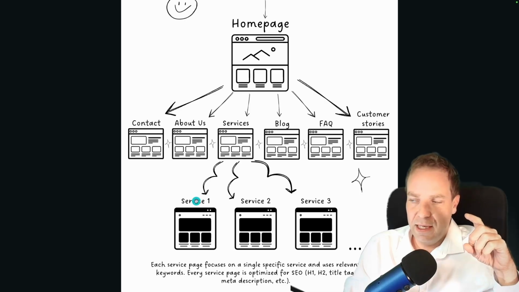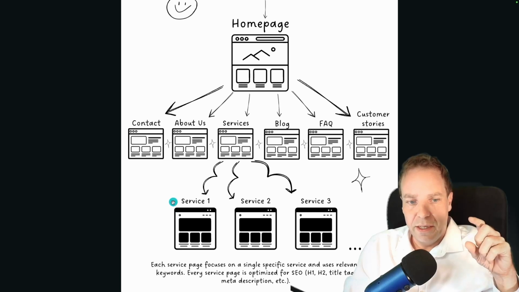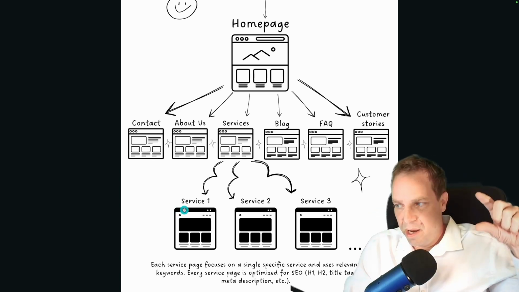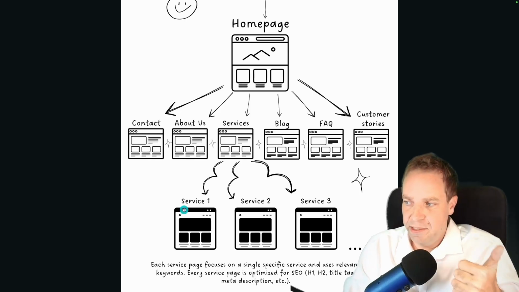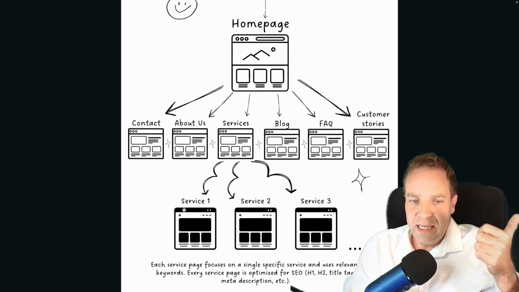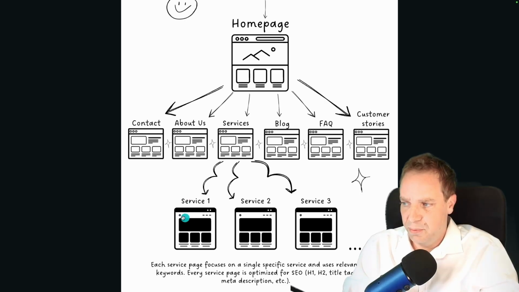So that we only here talk about tire repair, and we name this page tire repair. We include in this page the relevant keywords about the topic tire repair, so that we have only the specific topic of the service. This makes sense because then Google exactly knows what this page is all about.